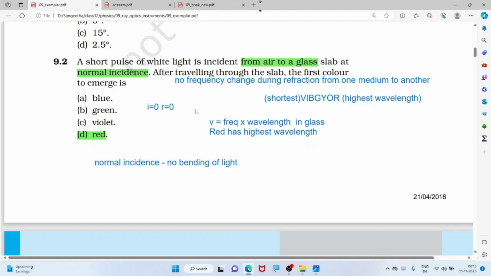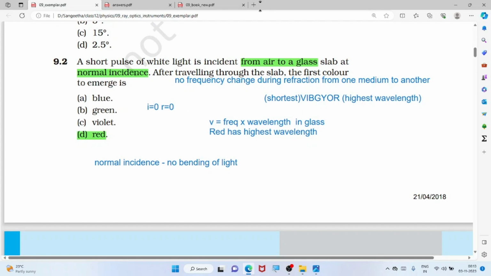See, the important thing is that there won't be any frequency change when light travels from one medium to the other, but the velocity of light will change. Normal incidence means the incident angle is 0 and the refraction angle is also 0.